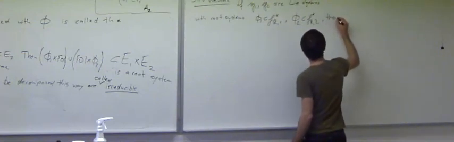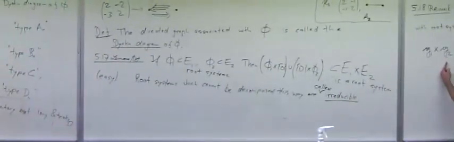Then I can consider the direct product Lie algebra. So this is a vector space, just the Cartesian product of the two, and the bracket is defined naturally. There's a canonical way to define the bracket here, and it's also easy.